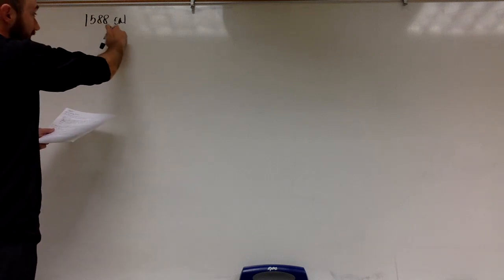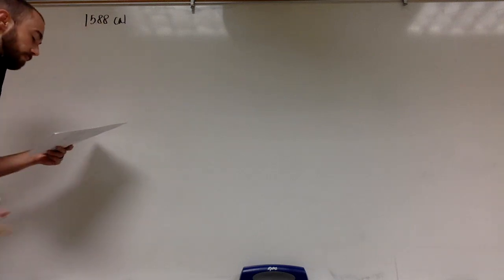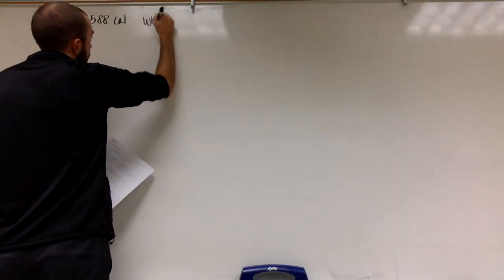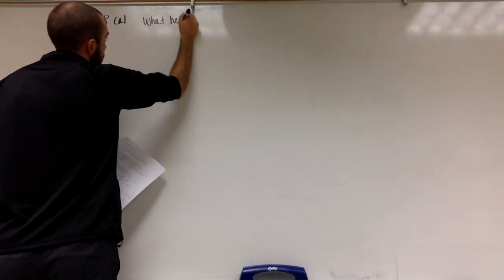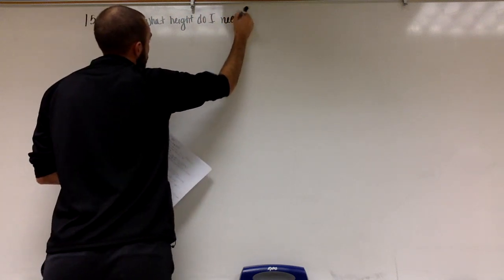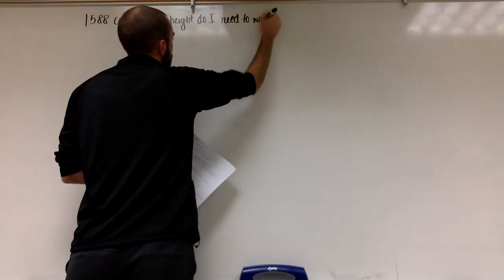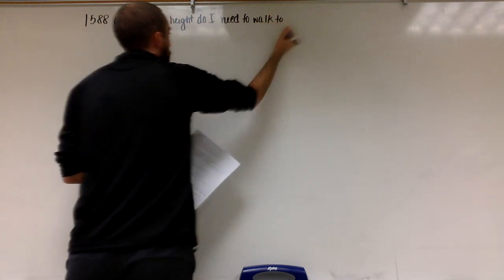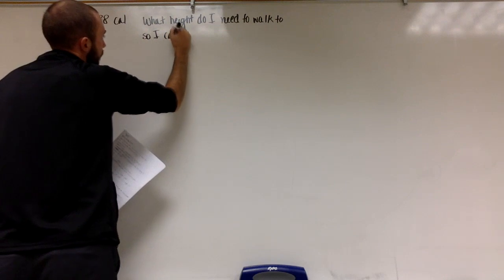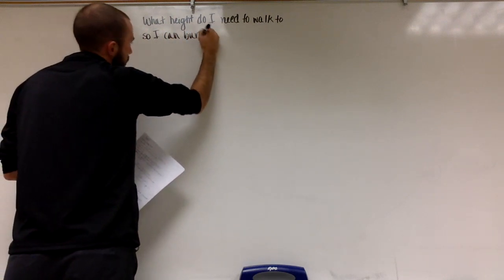So let's say it says 1588 calories on the box if I eat the whole thing. I want to know what height do I need to walk to so I can burn the calories off?